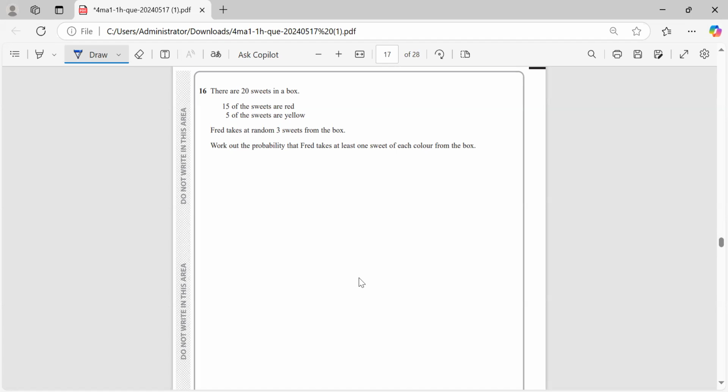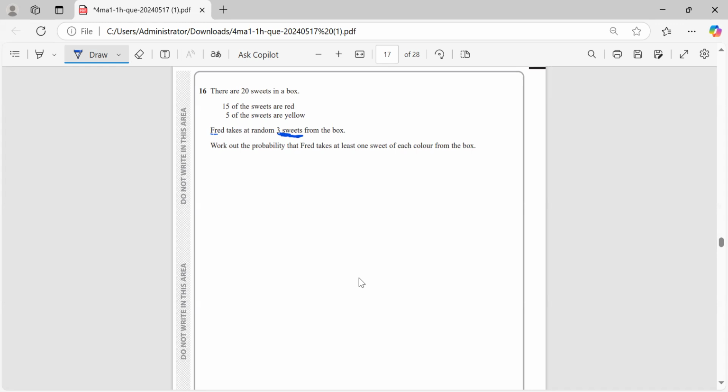Because they want us to work out the probability that Fred takes at least 1 sweet of each color from the box. And then we actually know that Fred takes 3 sweets from the box. So of course, when he's taking a sweet, he's not going to replace it. He's taking it and keeping it. That means the probability is going to decrease by 1 on each stage.